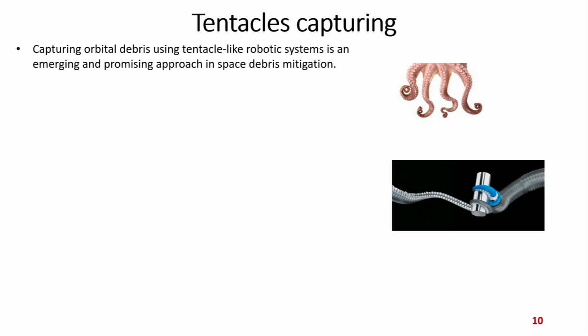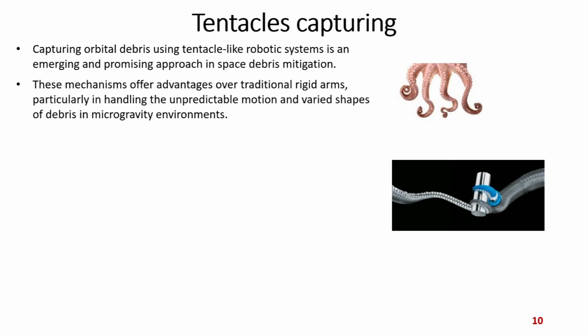You can see the actual gripper or capturing mechanism can be like that. This is the target, how it has been captured by these tentacle arms. These mechanisms offer advantages over traditional rigid arms, particularly in handling the unpredictable motion and varied shapes of the debris in microgravity environments.